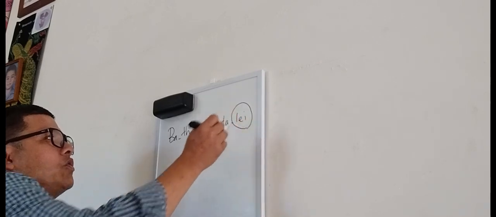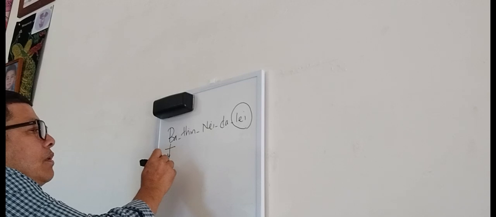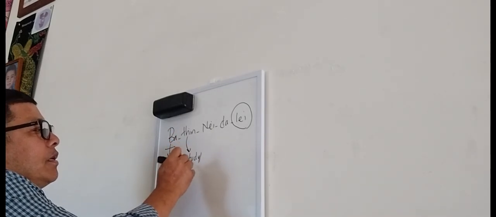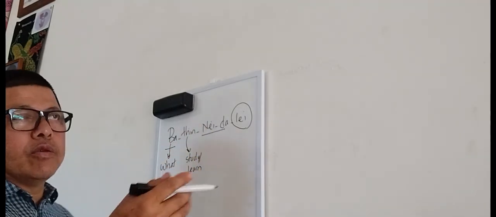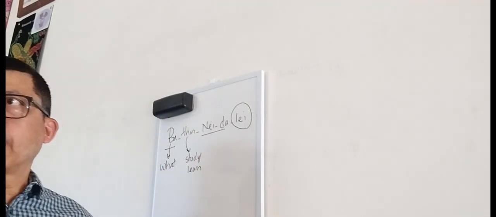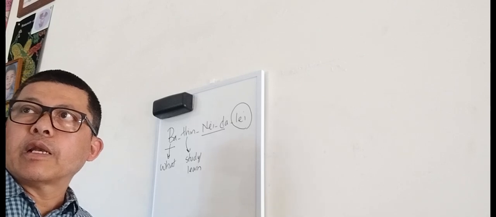Remember, le is a question mark. Ba is what. Tin means you studied or learned. Ni da le means you're asking about the present tense. So ba tin ni da le: what are you studying, what are you learning?